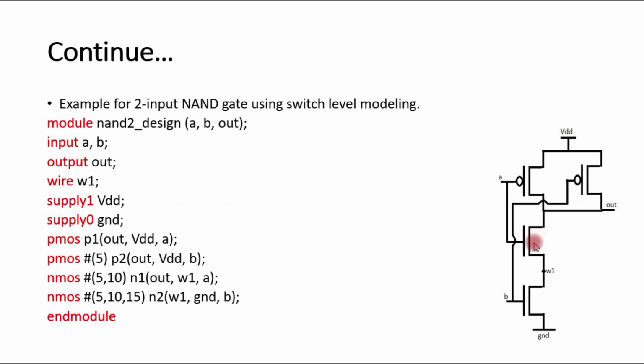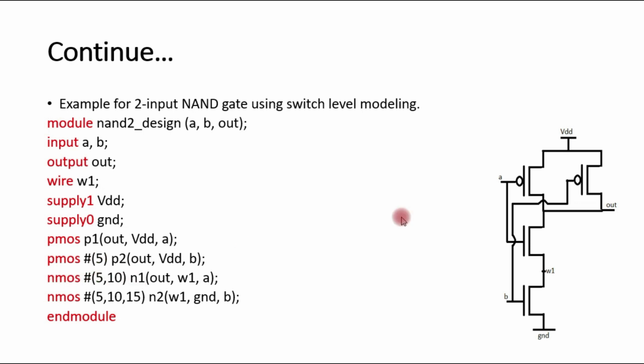This design is already discussed in this lecture, and the new thing here is we are using PMOS P1, that is the P1 transistor, without any delay. So we have not mentioned any delay value here. In case of PMOS P2, this one is the P2 PMOS transistor, and here we assign a delay of 5 units. It means it reflects rise delay, fall delay and turn-off delay.